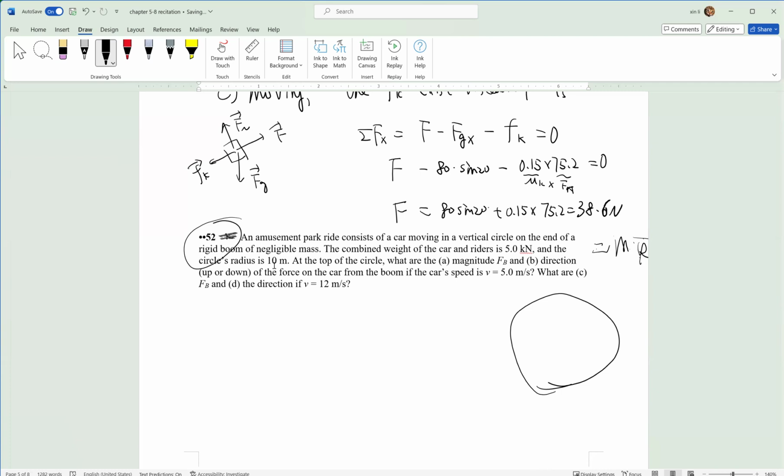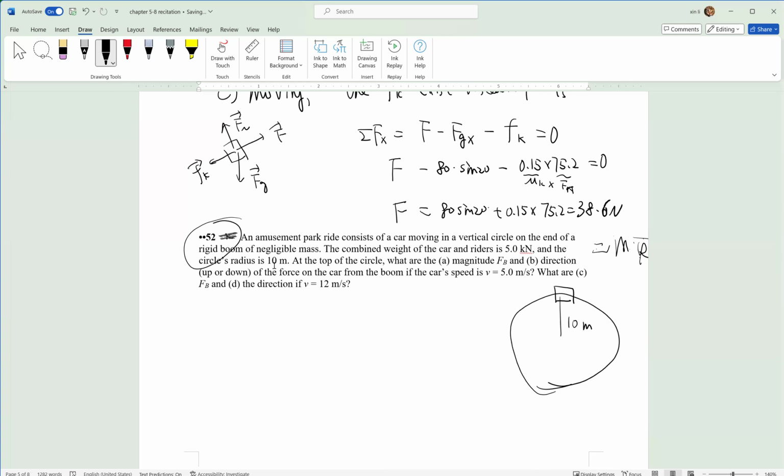The circle has a radius of 10 meters. So this is 10 meters. At the top of the circle, what are FB and the direction of the force on the car from the boom if the car's speed is 5 meters per second.